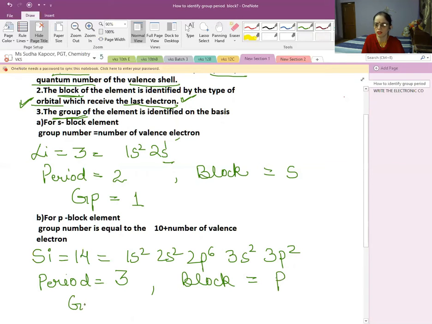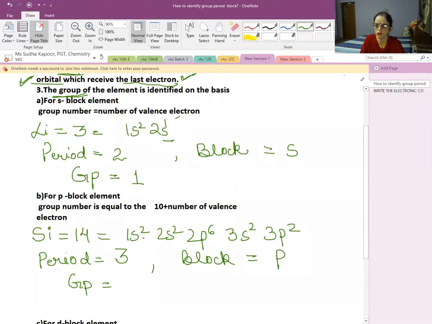And when we have to give the group number, we know that the p block lies after s and d. So the group number in the case of the p block is equal to 10 plus the number of valence electrons. 10, because we have considered the d block also. So 10 plus the number of valence electrons in the last shell, 2 plus 2, that is 4. So it will be the 14th group.